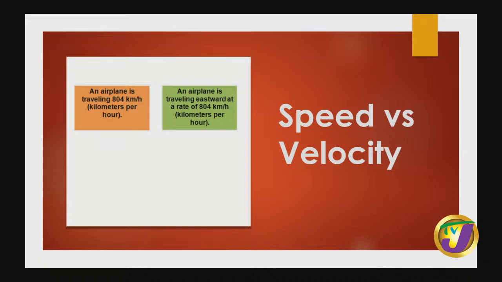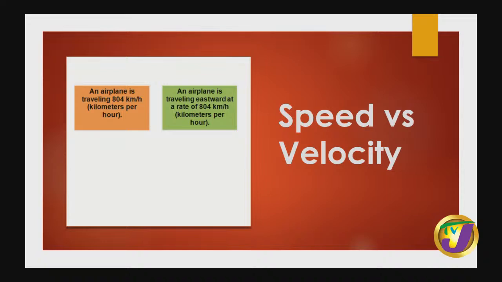I'm seeing the speed being the same, and it's per hour. But then there is the word eastward. At a rate eastward. And I'm not seeing it in the one on the left side, in the orange. So I guess the main difference there, everything else would have been similar, excepting that there is a direction given.